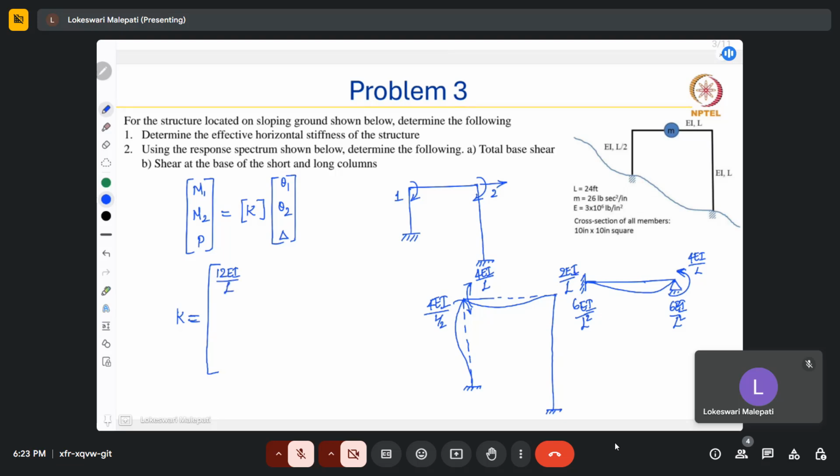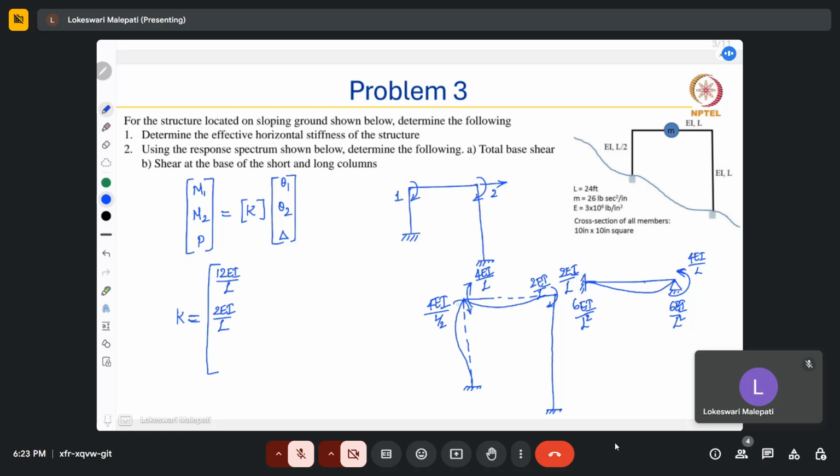And then the moment that is generated here would be 2 EI by L. Hence we have 2 EI by L. And the shear forces that are generated would be only for this column.